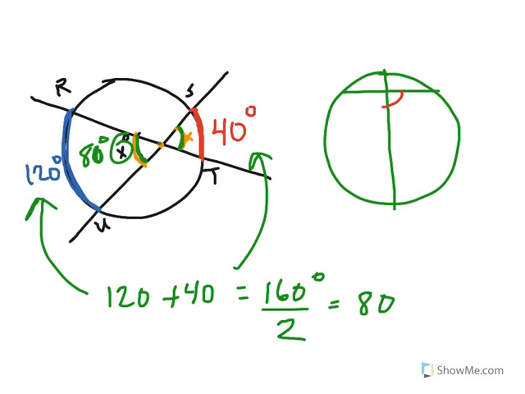Well, what I would look at then would be this arc right here, the big arc that those lines intercept, and then the little one on the other side. And I'd add them up and divide by 2. Okay? So sometimes there are a lot of applications for this particular theorem, and in the book you're going to see it maybe stated a different way, but this is the functional, practical end of it.